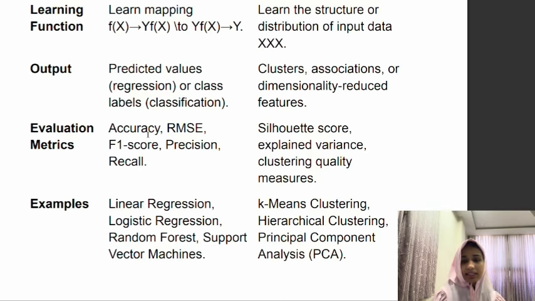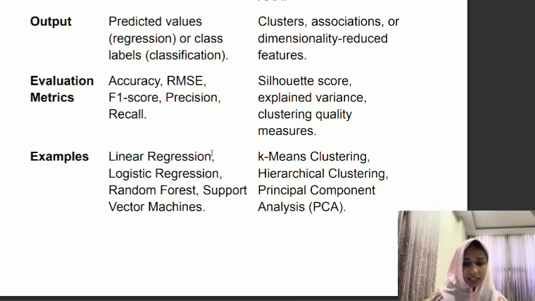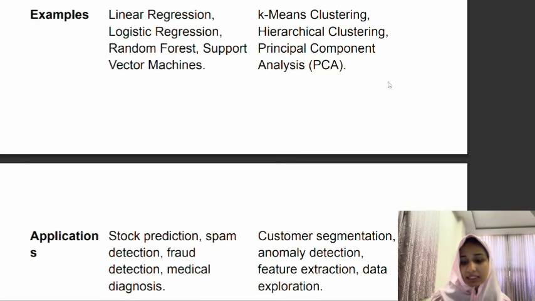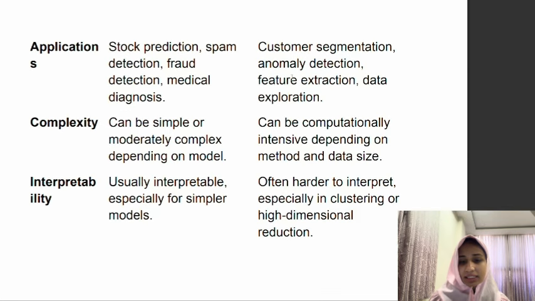Then examples are linear regression, logistic regression, random forest, support vector machines. And here it is k-means clustering, hierarchical clustering, principal component analysis, that is PCA. And applications are stock prediction, spam detection, fraud detection, medical diagnostics, customer segmentation, anomaly detection, feature extraction, data exploration.